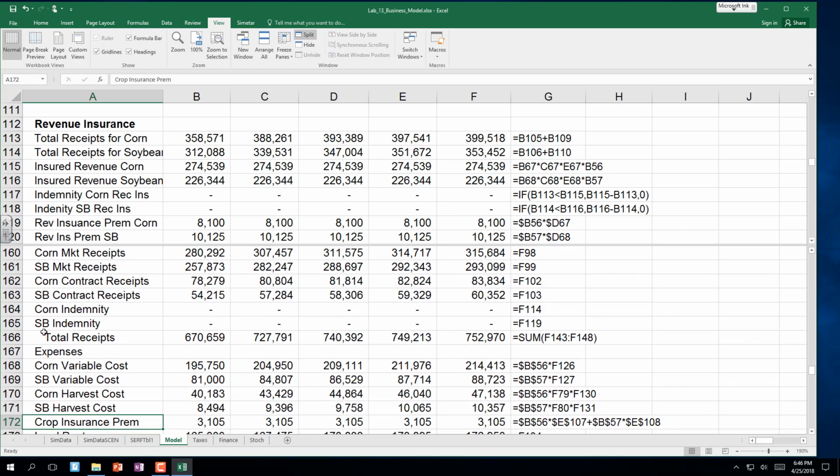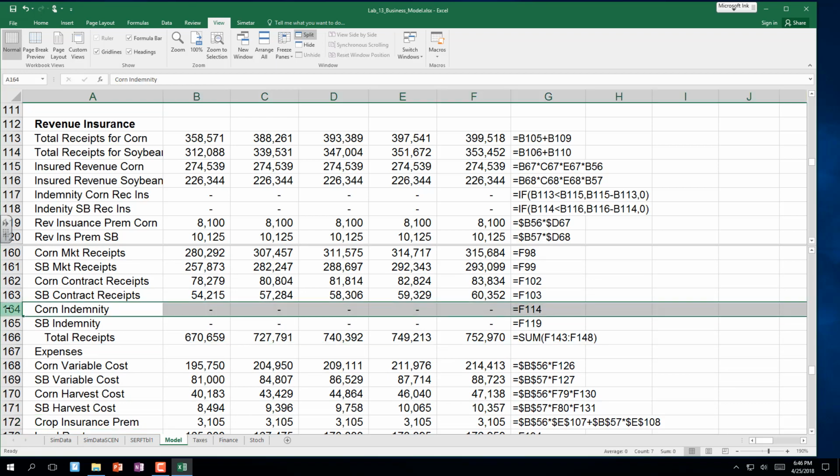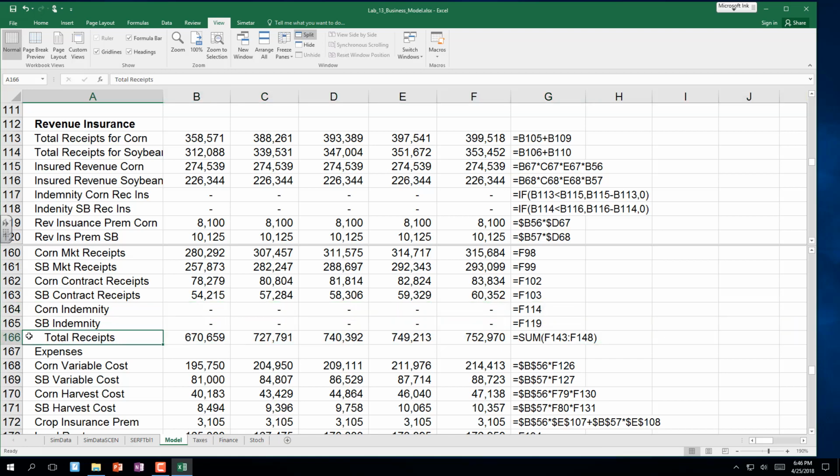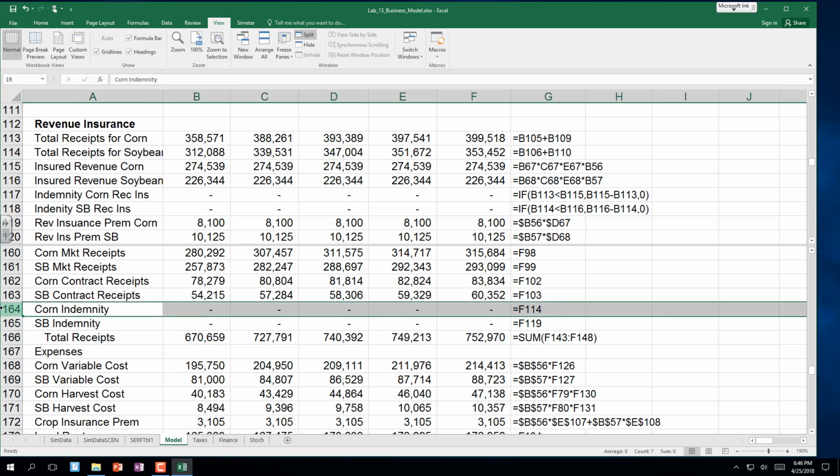Now, the smart thing to do is to insert my 2 new receipts right here in the middle of this instead of right here at total receipts. Because if I inserted that total right here, my sum won't necessarily pick that up, will it? Because it's a sum from there up. And so you can make a dastardly mistake.